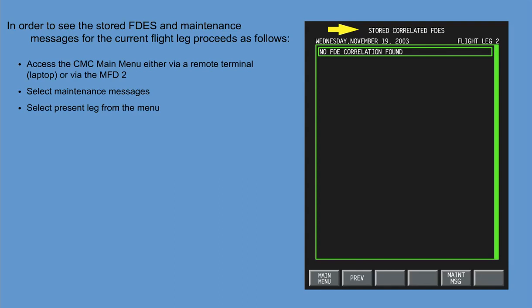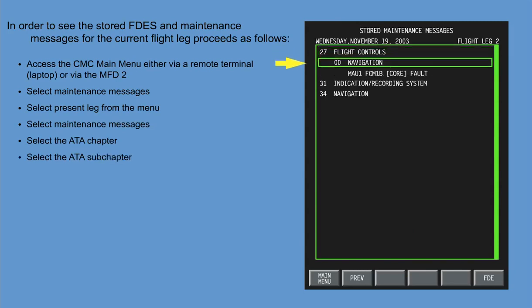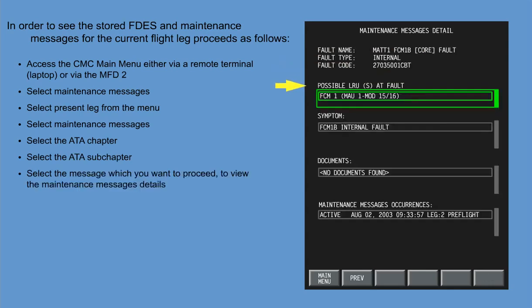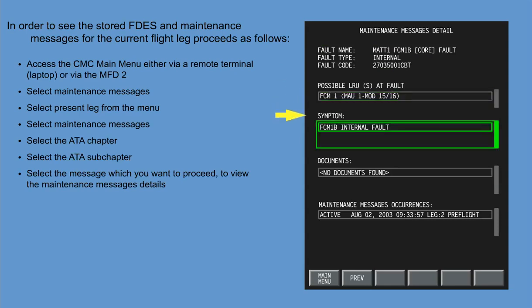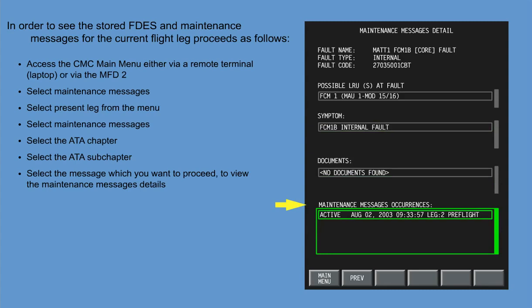To proceed to the stored maintenance messages, select Maintenance Message. Select the ATA chapter and the ATA subchapter. Select the message that you want to proceed from to view the message details, possible LRUs at fault, the symptoms, or the associated documents. You can also view the message status, date, time, and occurrence stage.